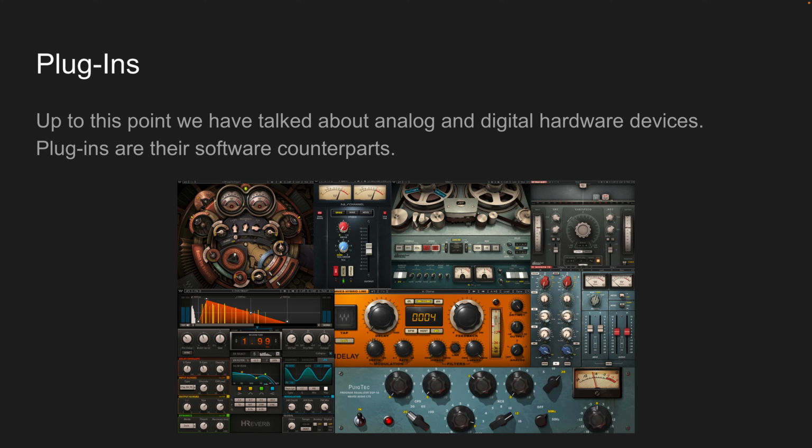All right, let's talk about plugins. So in our effect processing journey here, everything that we've talked about so far has been modeled via virtual plugins.